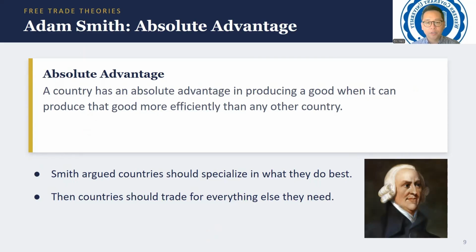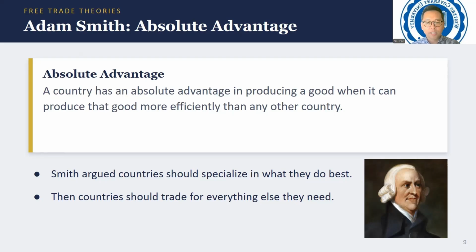Smith argued that a country should specialize in producing the goods where it holds its advantage. Then, instead of trying to make everything itself, it should trade with other countries to get goods it does not produce efficiently. So this was a revolutionary idea at the time because it directly challenged mercantilism.